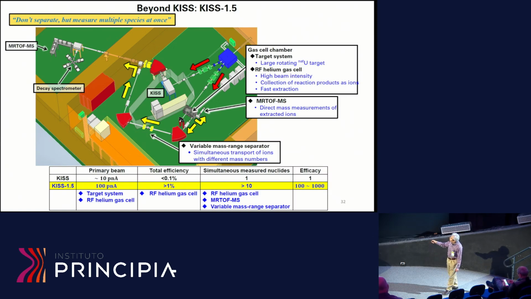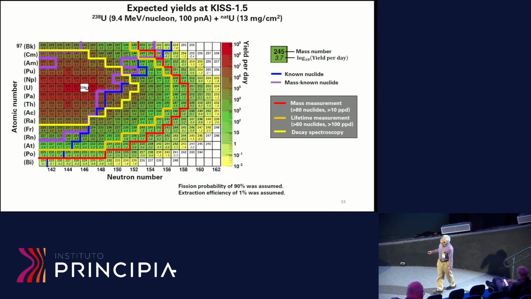And we can measure many nuclei simultaneously, so the opportunity of the measurement is increased by 10 times. So in total we will have a gain of 100 to 1,000. Using these systems, we expect to access neutron-rich actinide regions up to the red lines.